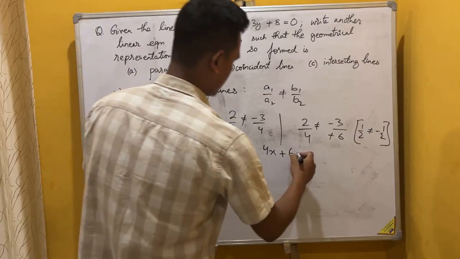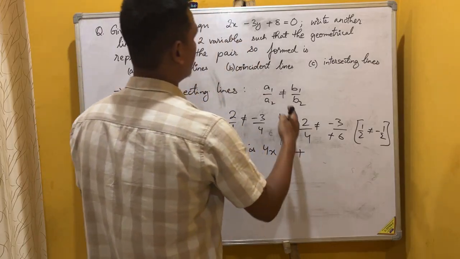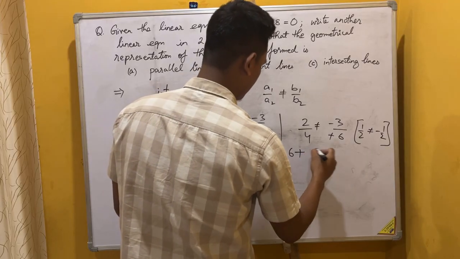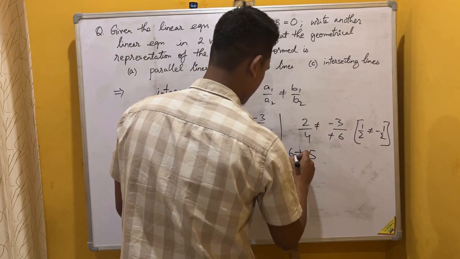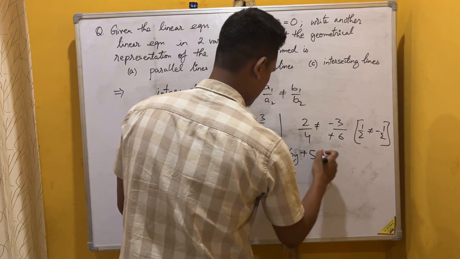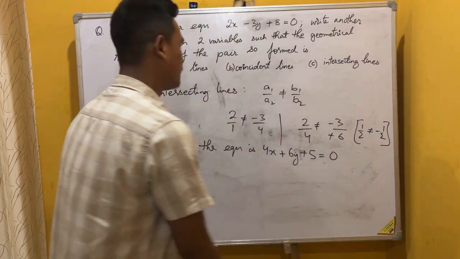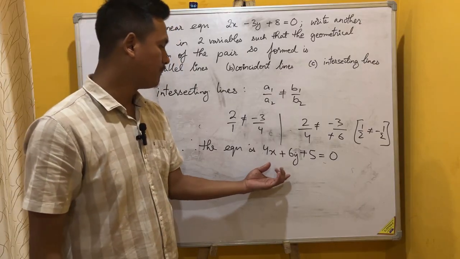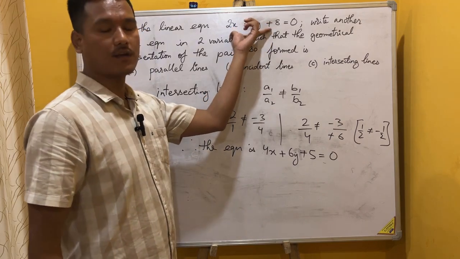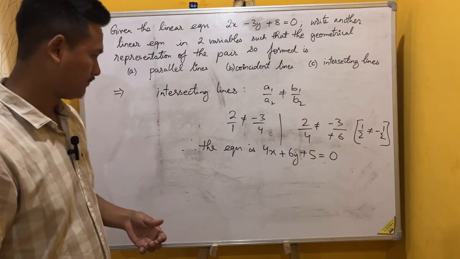Okay, so I can choose 8 also. Let's choose 5. So this is the equation of the line which is intersecting with our given line.